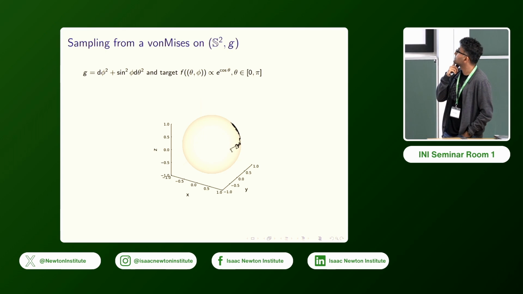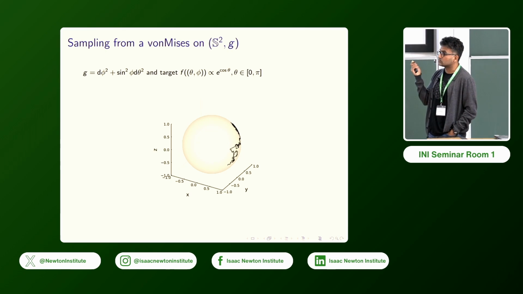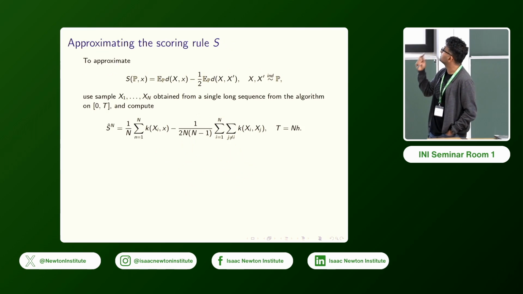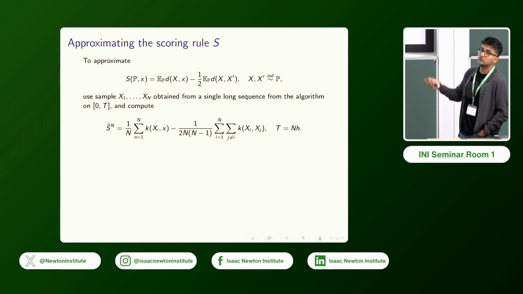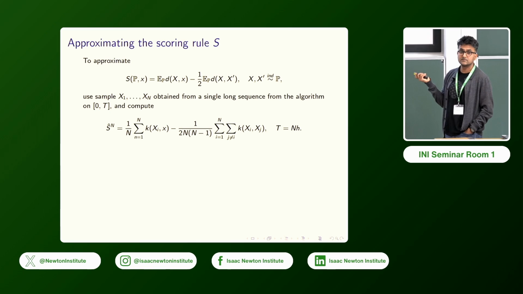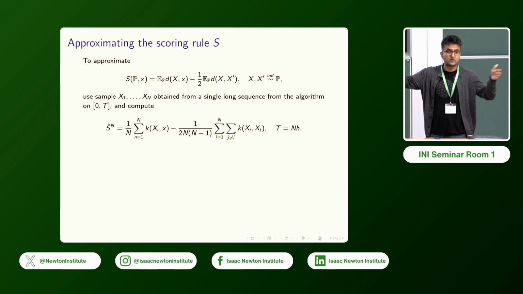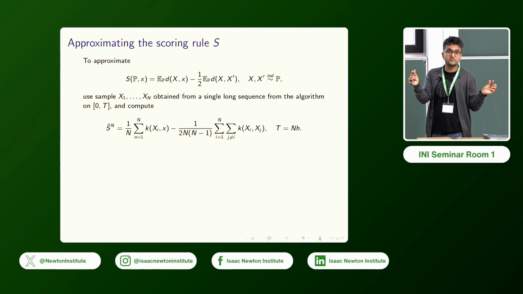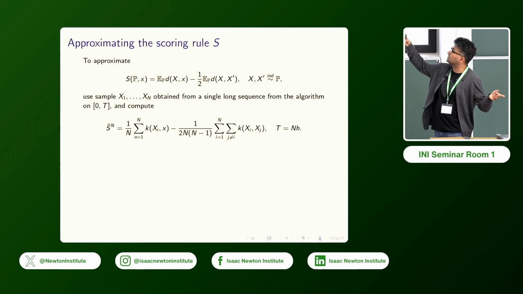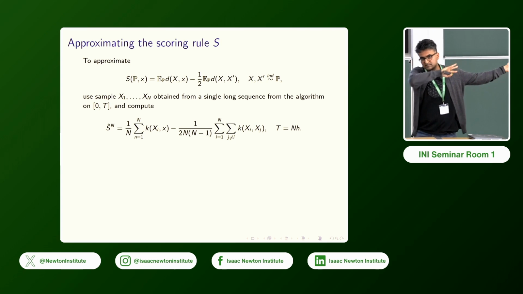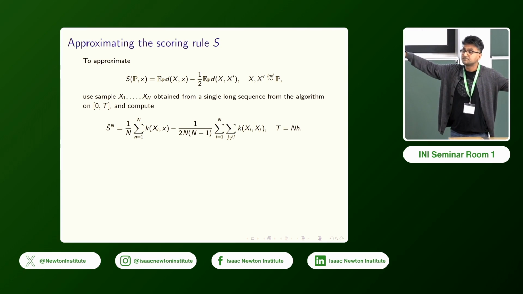And the nice thing about this is, of course, you get some theoretical guarantees, which is what I'll talk about. So finally, if you want to approximate the scoring rule, as we wanted to use this, we have a sample from this algorithm, 0 to t, broken up into n time steps, each of size h. We run t long enough so that the chain is mixed sufficiently.